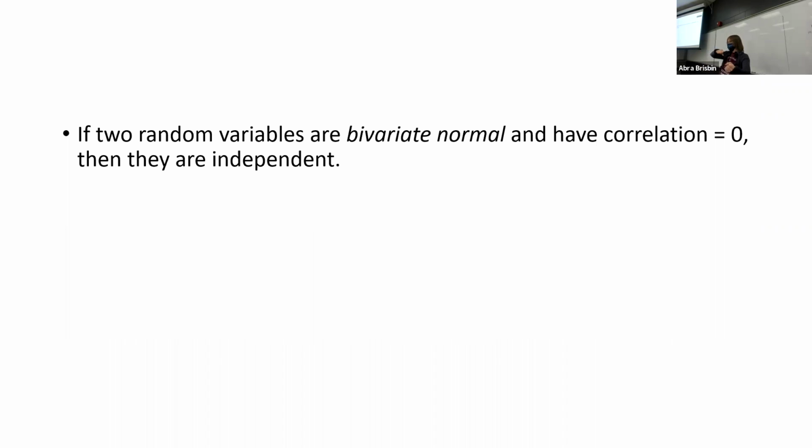Independent implies correlation equal to 0, and for bivariate normal, correlation equal to 0 implies independent. All right, so U1 and U2 are independent.